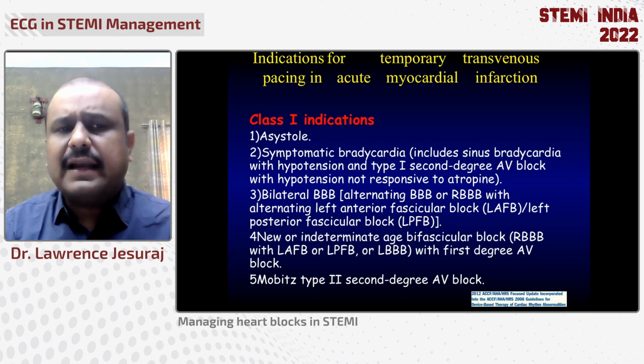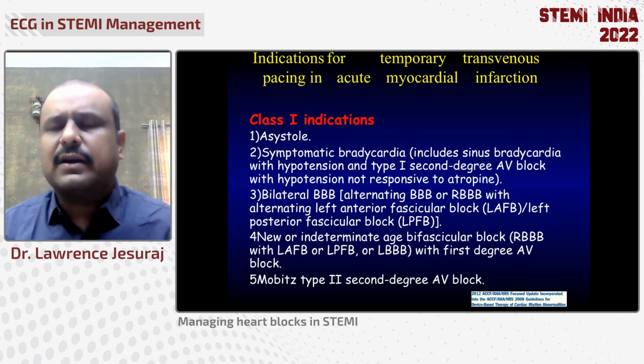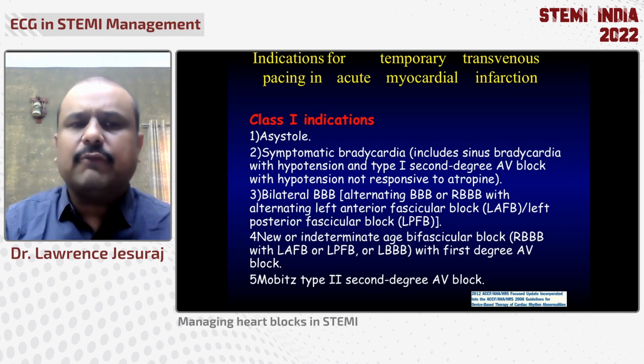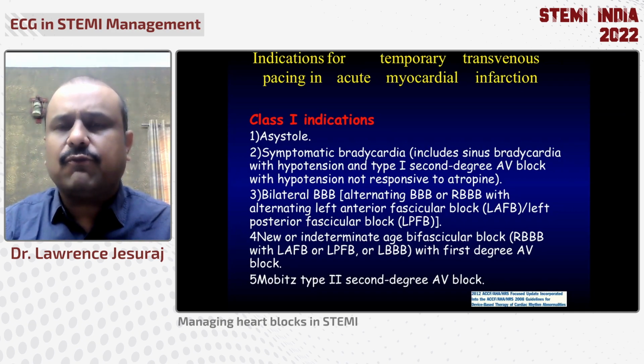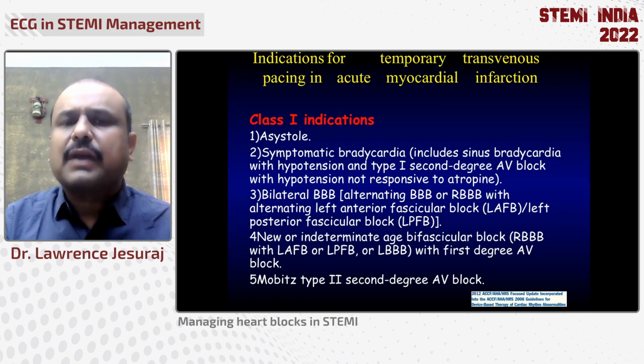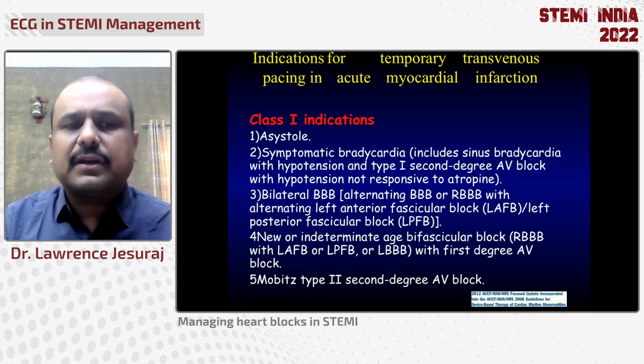A patient who has an alternating bundle branch block, alternating between right bundle and left bundle, or a right bundle with left anterior or left posterior fascicular block, may require a temporary pacemaker if it happens after you have done a revascularization. New or indeterminate age bifascicular block with first degree AV block will also require it.